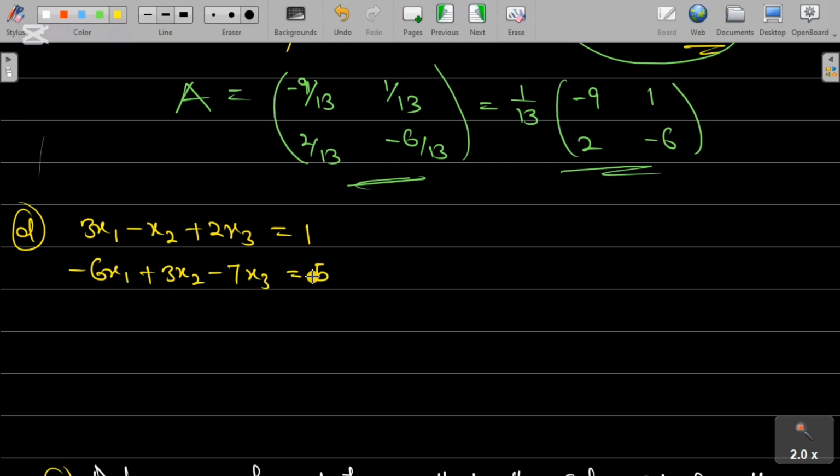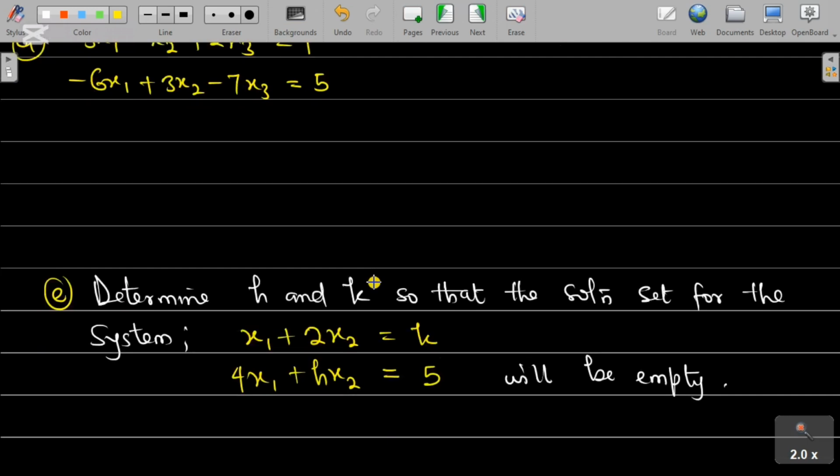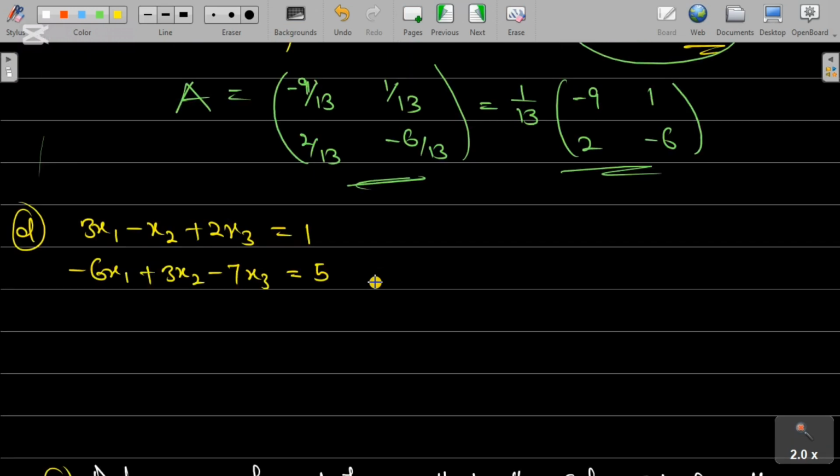The question now says, consider the problem of determining whether the following system is consistent or not. Okay, we want to check if that system is consistent.